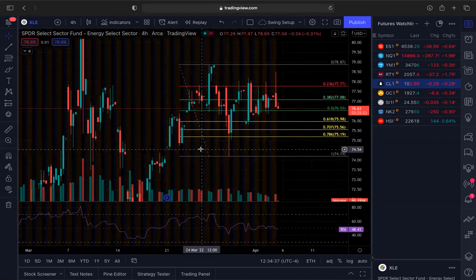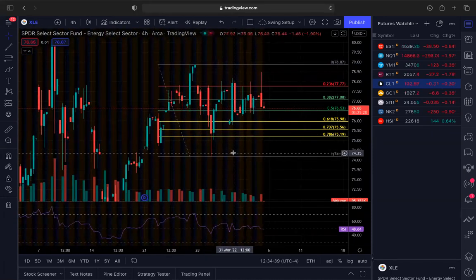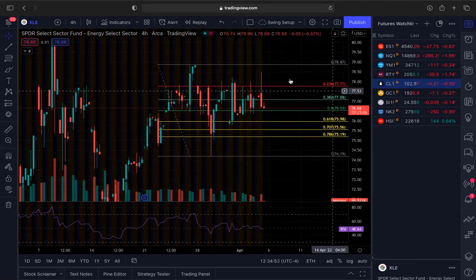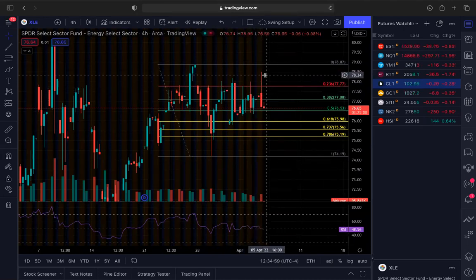Now I'm going to be honest, this probably isn't the best long golden pocket, but this is what I drew for XLE. Notice it only tested the golden pocket one time. Instead, it flirted with the 50% fib a whole lot, and it kept getting rejected at the 23.6% fib a whole lot before finally having a strong breakout this morning before the market reversed.